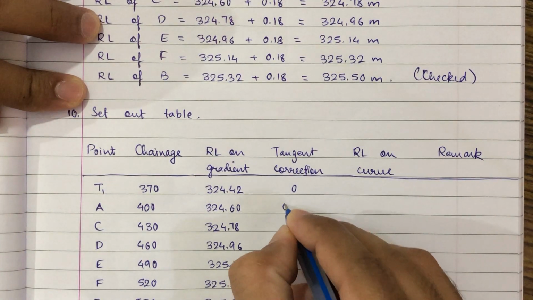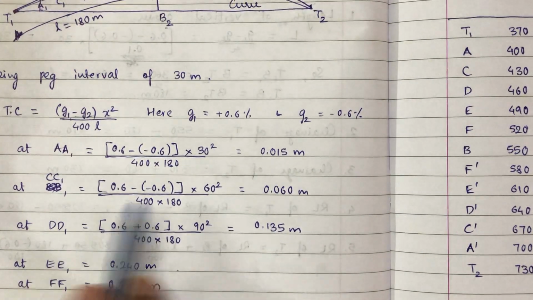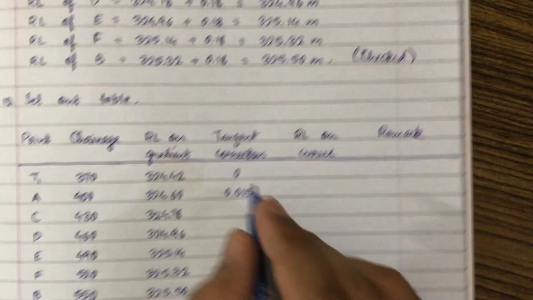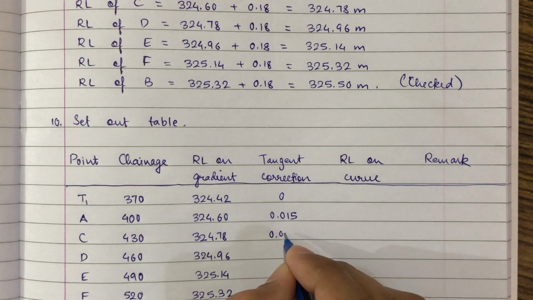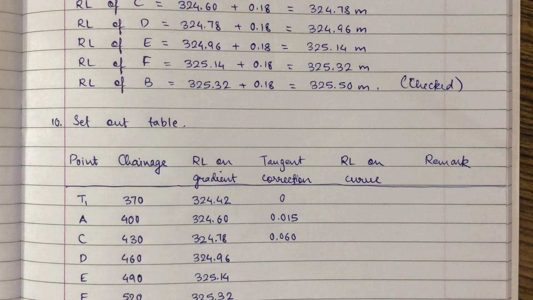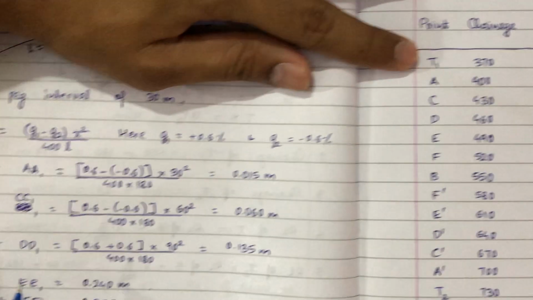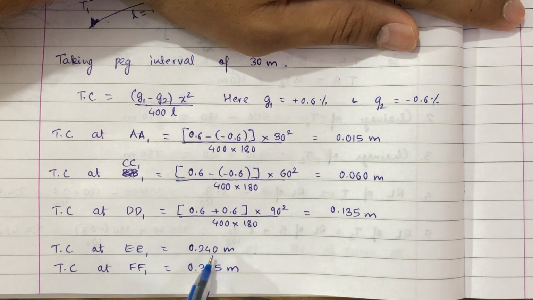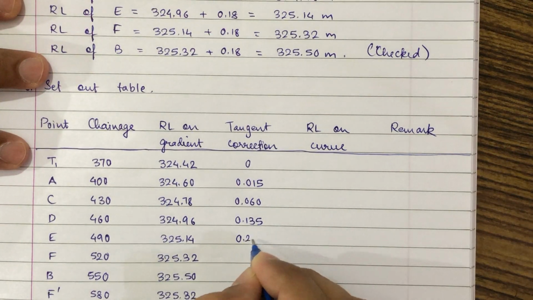At C, it was 0.06. At D it was 0.135. At E it is 0.24.